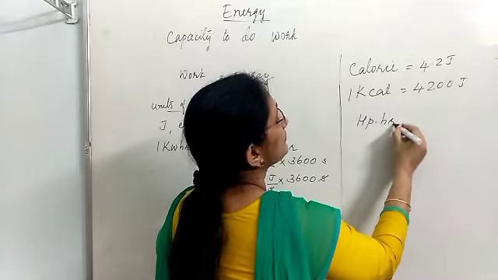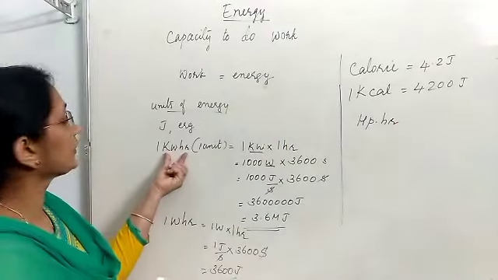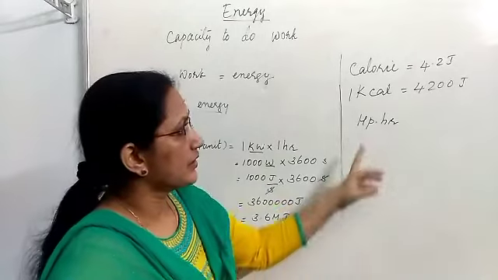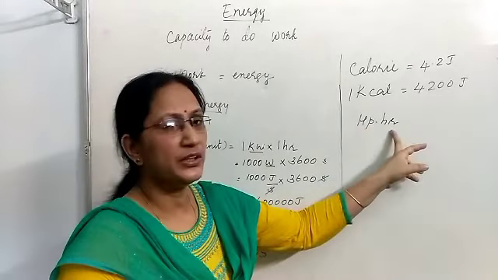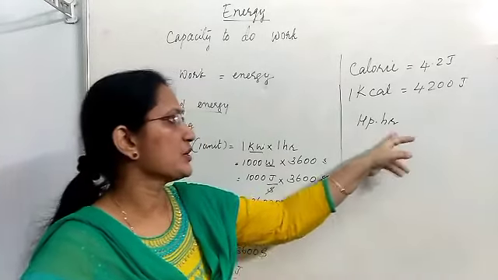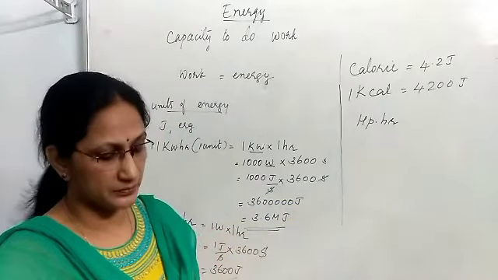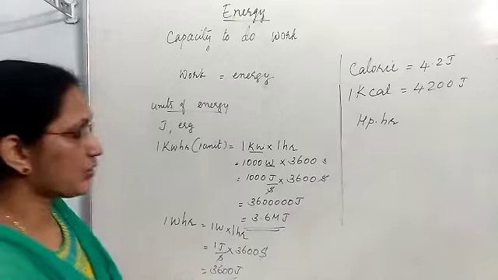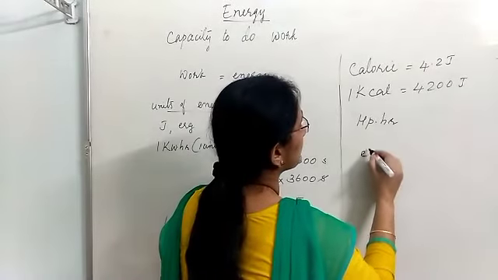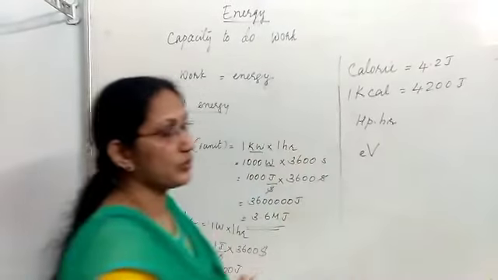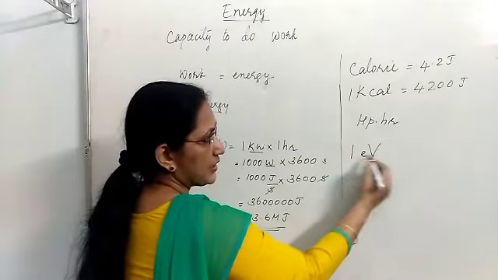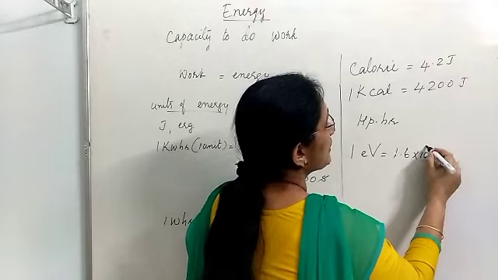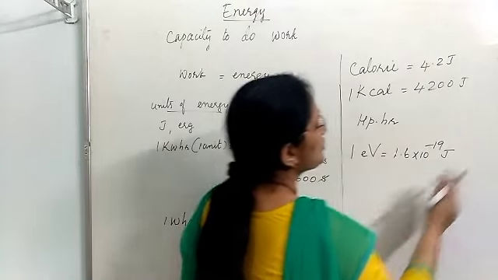Then another unit, horsepower hour. Like kilowatt hour, horsepower hour is there, and it is not commonly used. Still, remember, there is a unit called horsepower hour. Then another one is electron volt. 1 electron volt is equal to 1.6 into 10 to the power minus 19 joules.